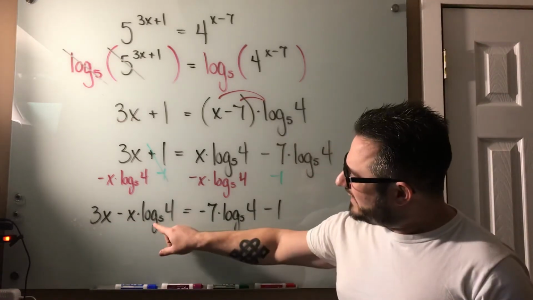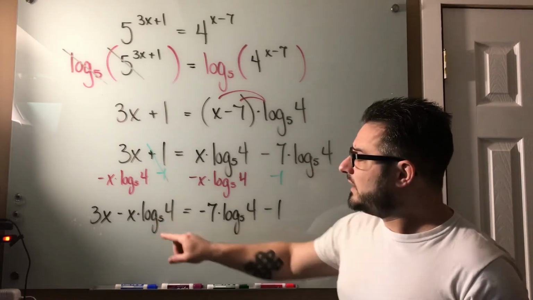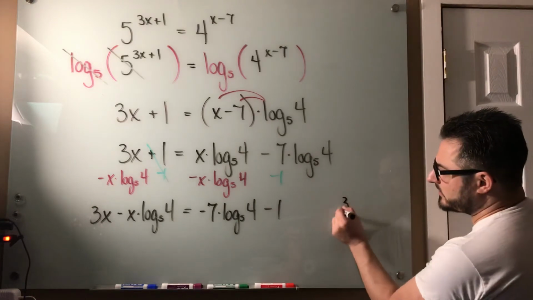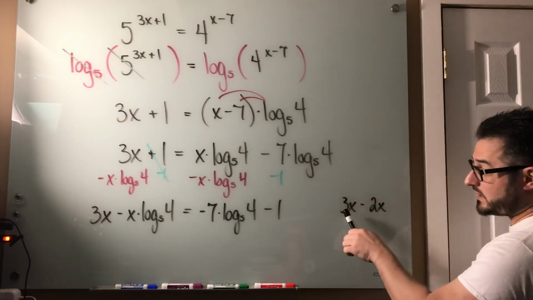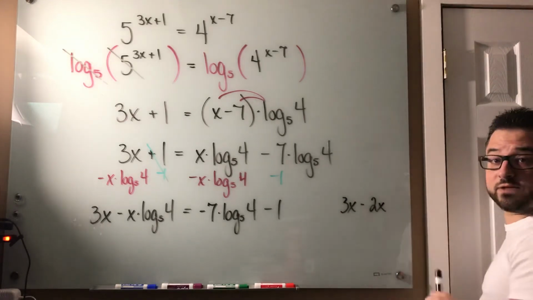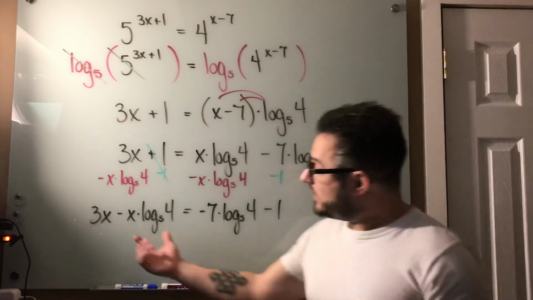Now, this is an ugly constant, but it is still a constant. If we had had, say, 3x minus 2x, we would just subtract the coefficients, 3 minus 2, and basically factor out the x. Well, we can do that here.